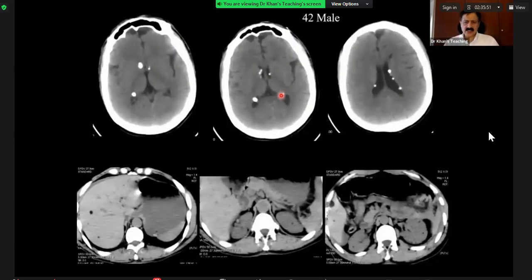So this is a case in which you can see these ones are calcified. This patient was, of course, 42 years old, and there are multiple angiomyolipomas in the kidney, and this particular patient also had similar lesions in the liver, which is a bit rare, but it can happen.